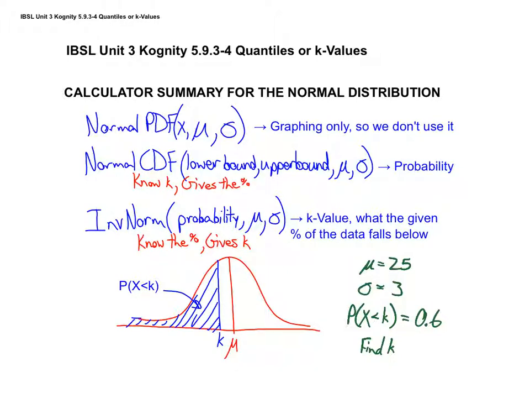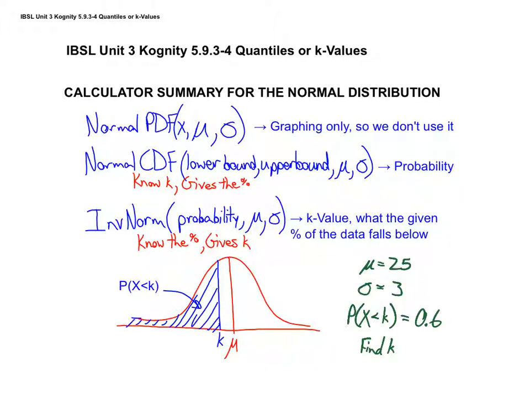The probability is 0.6. So where is k going to be? Higher than the median, higher than the mean. Yeah, and in a normal distribution, mean, median, mode are all the same thing.